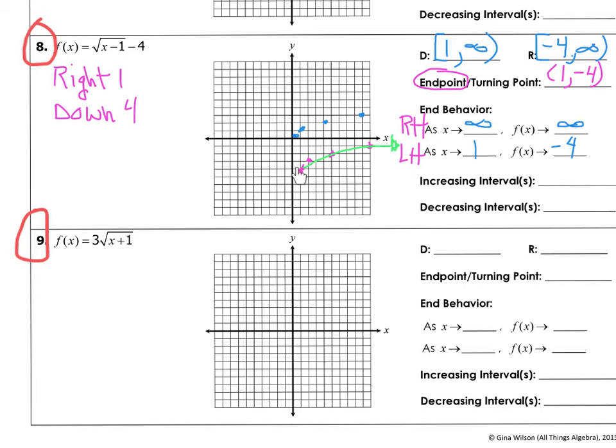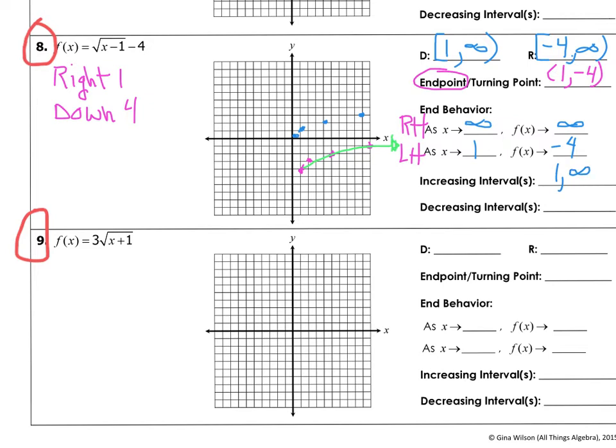So as we go from a 1 value of our x and we go to the right, our y is increasing. It's getting bigger and bigger and bigger. So this is called an increasing interval from an x of 1 to positive infinity. It kind of looks like our domain, and sometimes they are the same, but they're not always the same.